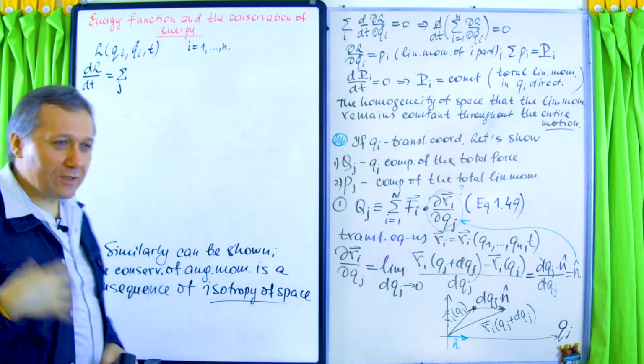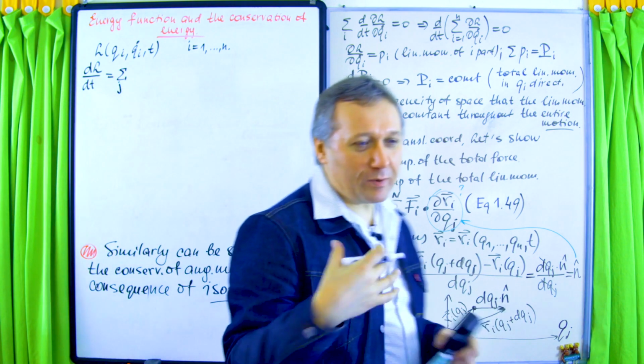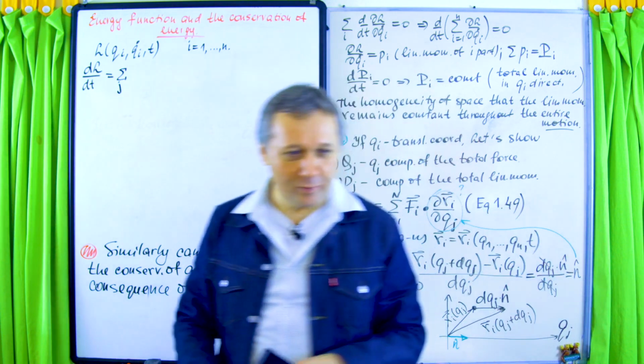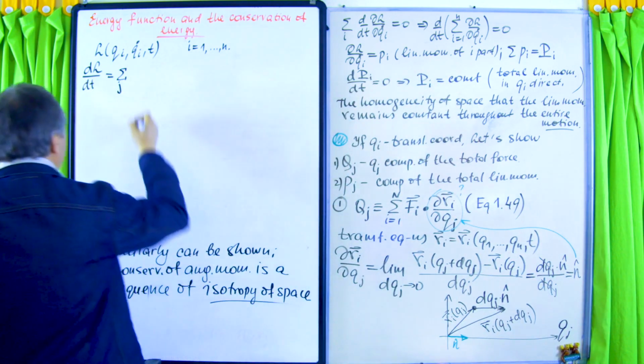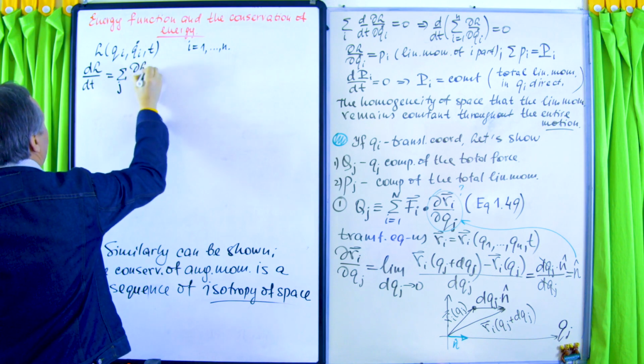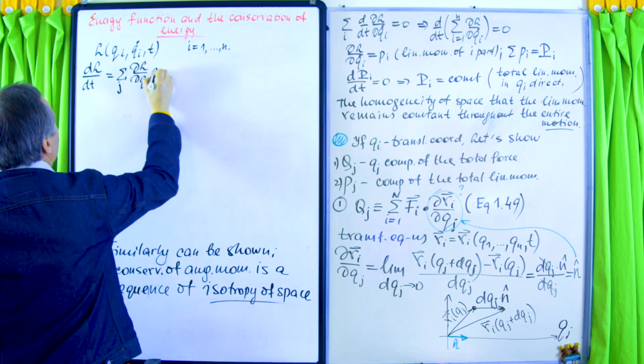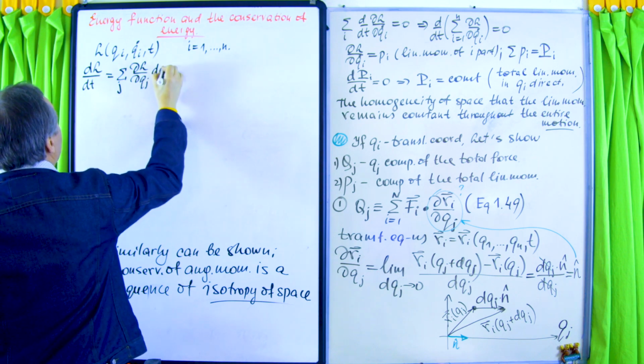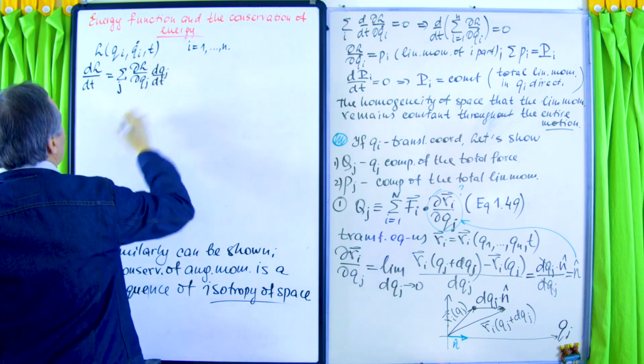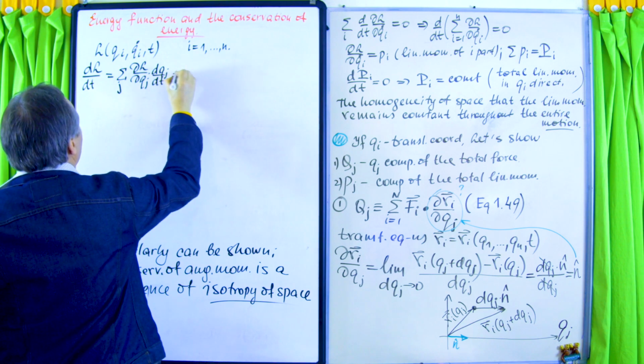I don't want to change indices, otherwise it will be harder to find where I made some mistakes. So partial derivative of L with respect to qj, dqj over dt, maybe I should have written q dot, but why not?